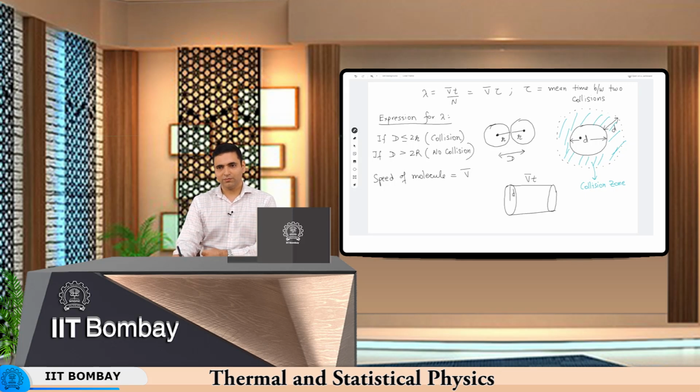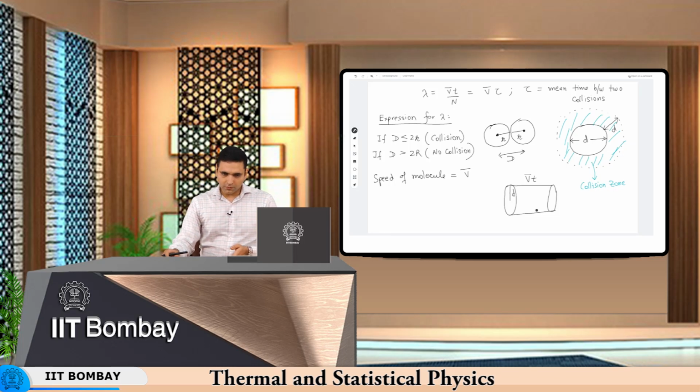So, this molecule is moving through the medium. Over a time t, it will move over a distance of V t in a straight line. This is what I have drawn as a cylinder, and the radius of this cylinder would be d. And like I said, if there is another gas molecule which comes within the influence or inside this cylinder, it will collide with this molecule, right.